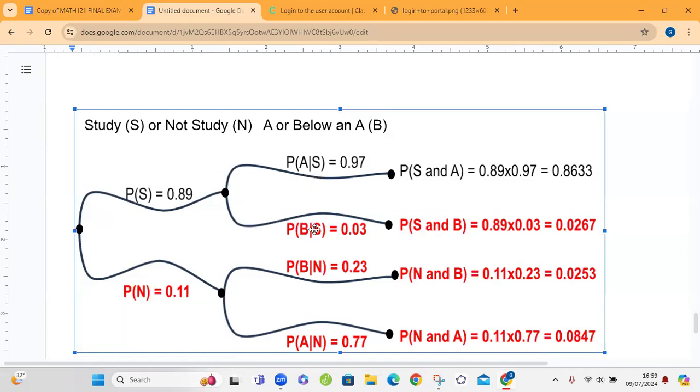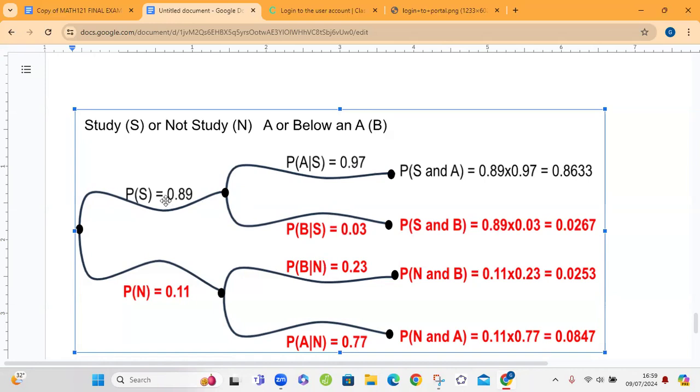So therefore, if he studies, he can get a B. There's a probability of him getting a B if he studies, and that will be 1 minus 0.97, which is 0.03.